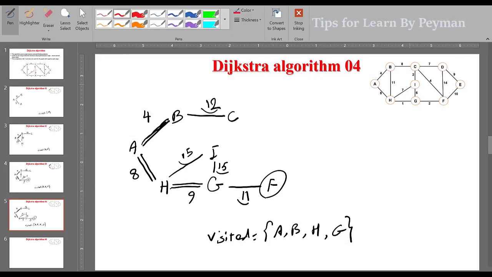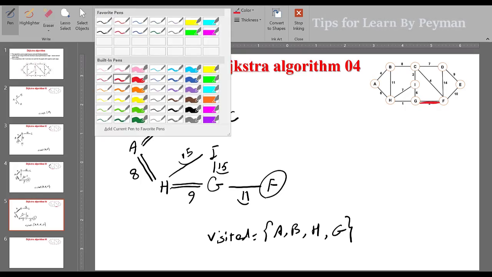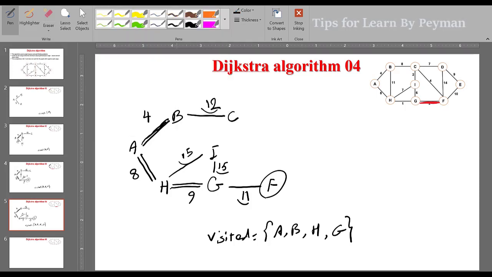Let me sign it with red. I choose this path, and we will open these paths before.